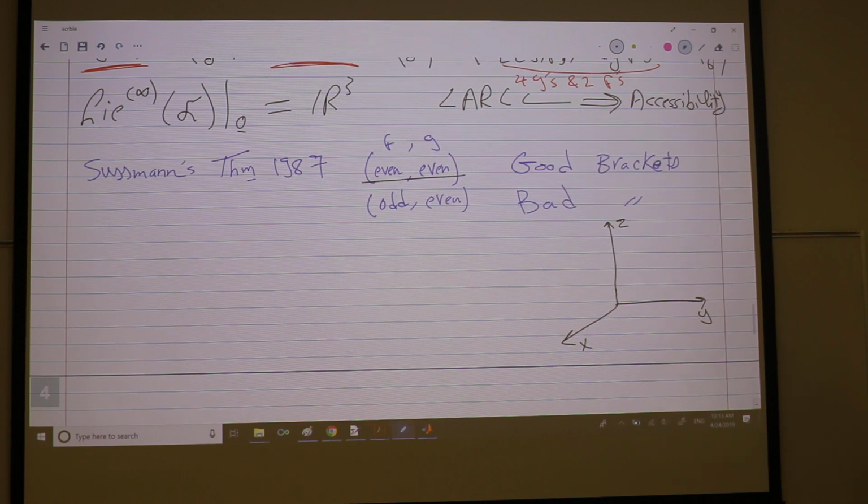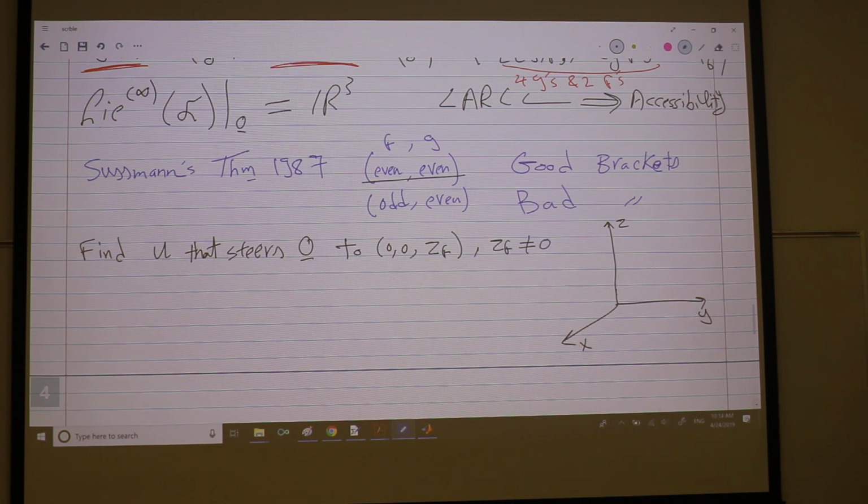So here was Sussmann's solution. Find u that steers the system from the origin to some 0, 0 and z final, with z final non-zero, of course.